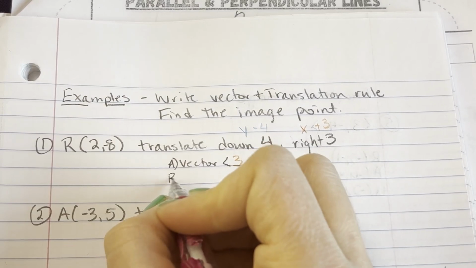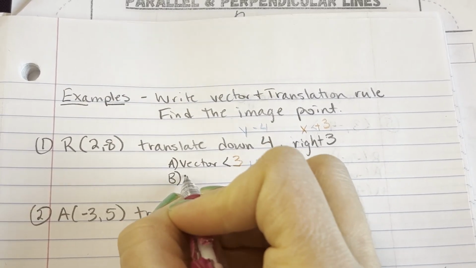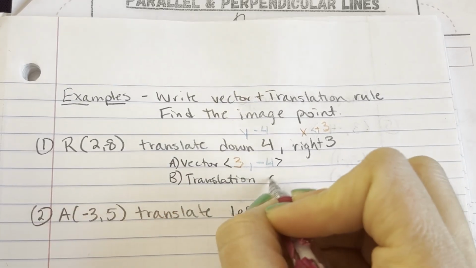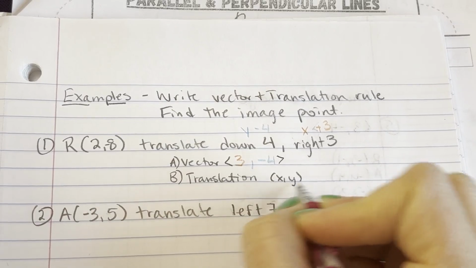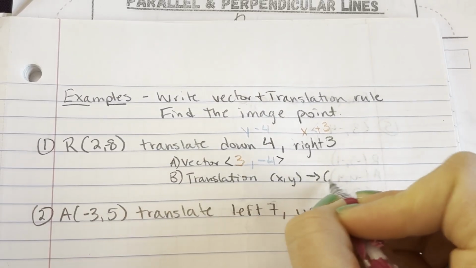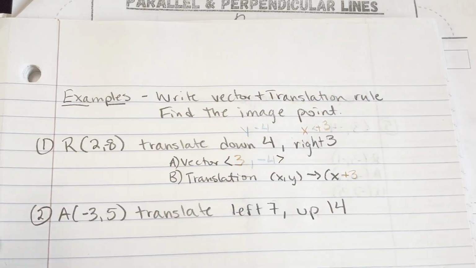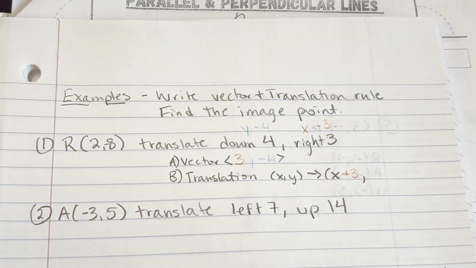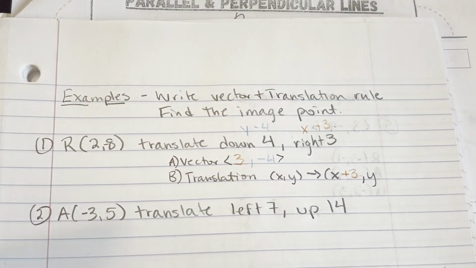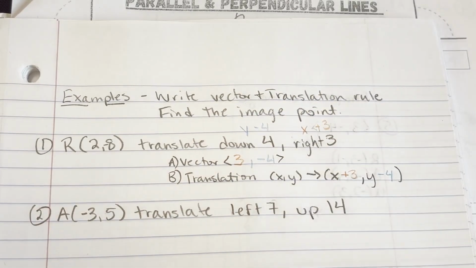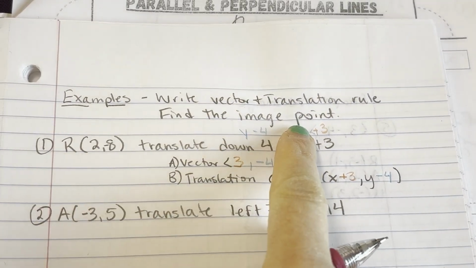Okay, when I go to my translation rule, it's going to be X comma Y, gotta write that, goes to, gotta write that, X plus 3, since we're going to the right 3, comma, Y minus 4, close it up. All right, now we're going to actually find the image point.